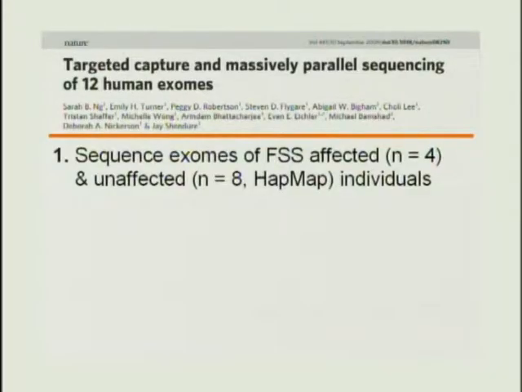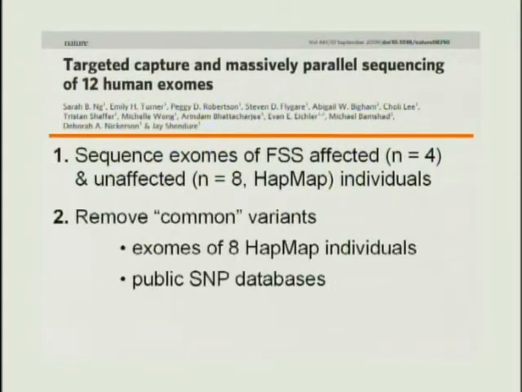So knowing the answer, we went into this with the following approach. We sequenced the exomes of 4 individuals affected with FSS, or Freeman-Sheldon syndrome, and 8 individuals who were unaffected, and these are individuals from the International HapMap project. We then applied filters where we removed common variants, under the presumption that variants that are common in the human population are unlikely to underlie a Mendelian disease.